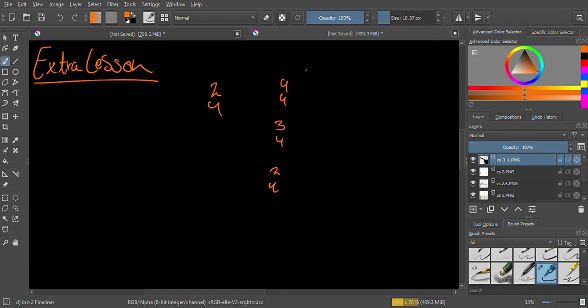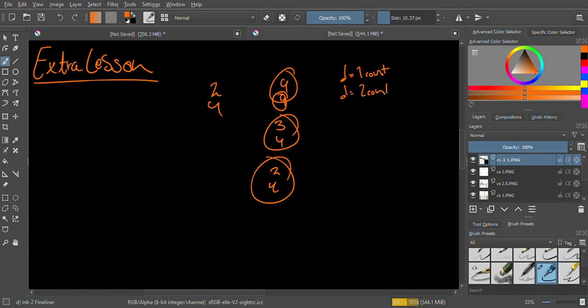In this system where you have 4 in the bottom number, a quarter note is equal to 1 count, a half note is equal to 2 counts, a whole note is equal to 4 counts, an eighth note is equal to half a count, and a 16th note is equal to a quarter of a count.